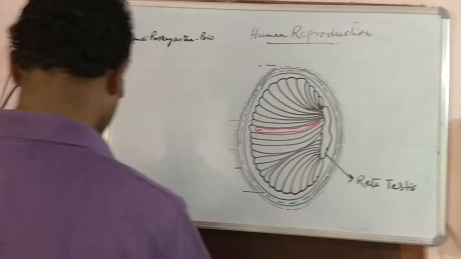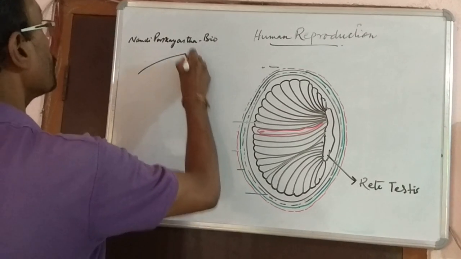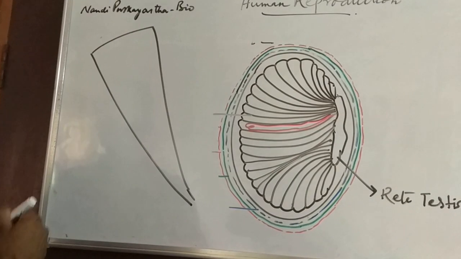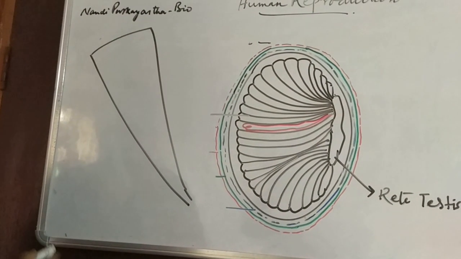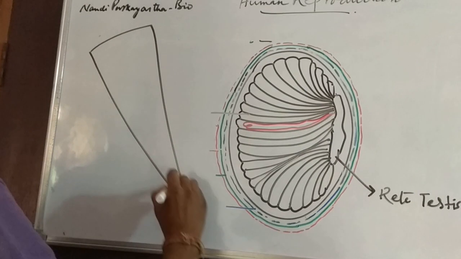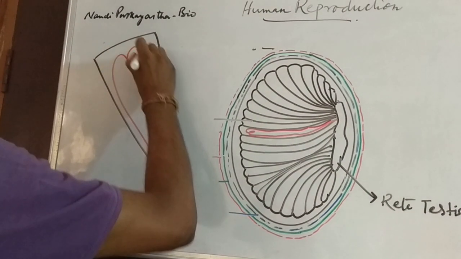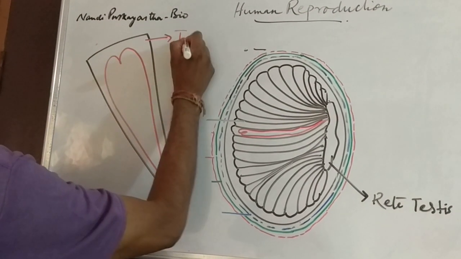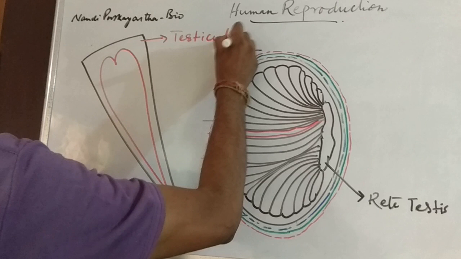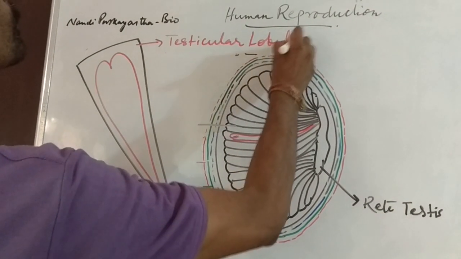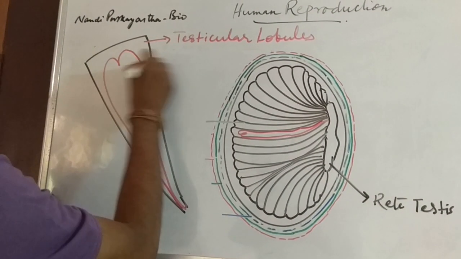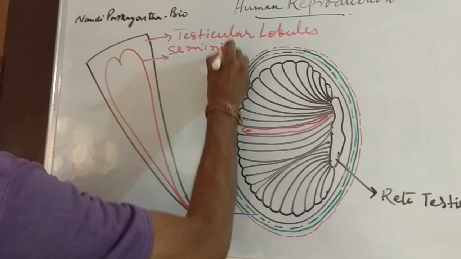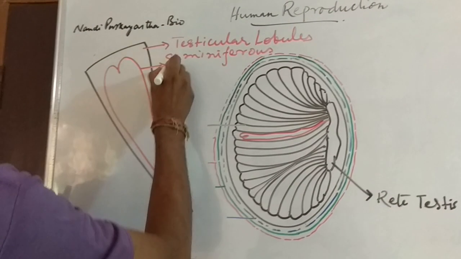So this is one testicular lobule. Inside the testicular lobule, there is the occurrence of what? The seminiferous tubule. The upper one is the testicular lobule. This one is called the seminiferous tubule.